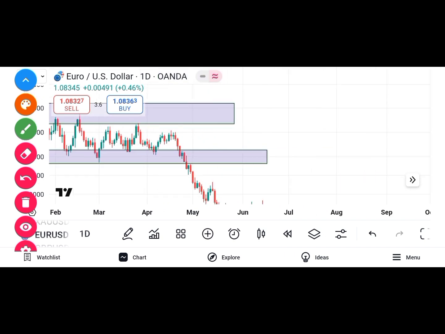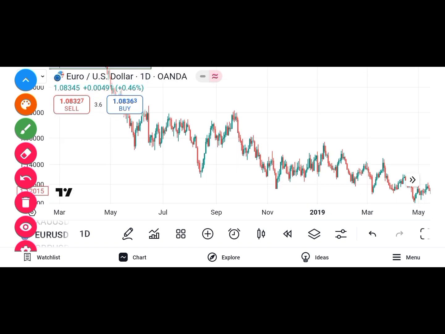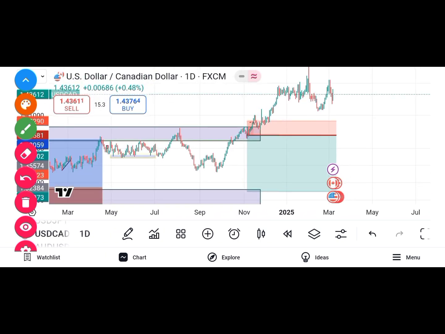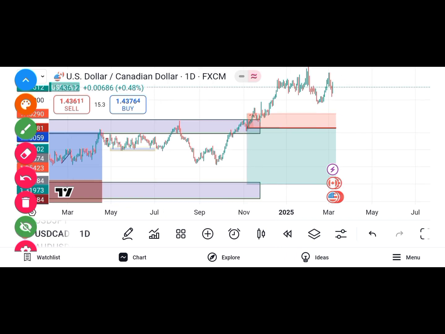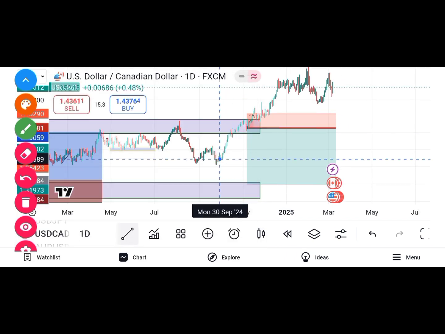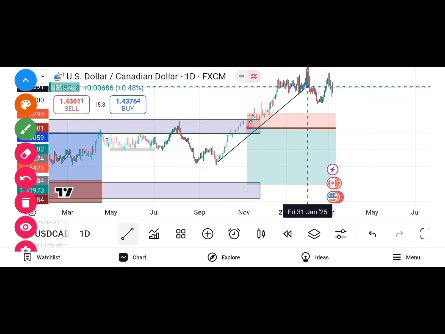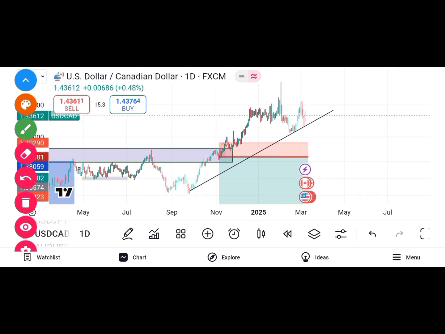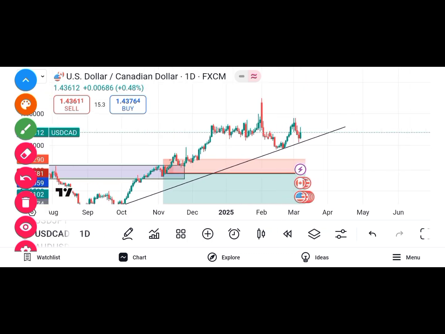Okay, so let's go forward and see if there's any confluence. Could this be a confluence? You can see here there was a resistance zone I was expecting to hold, but it did not hold. Let's just imagine that this was a trend line situation.